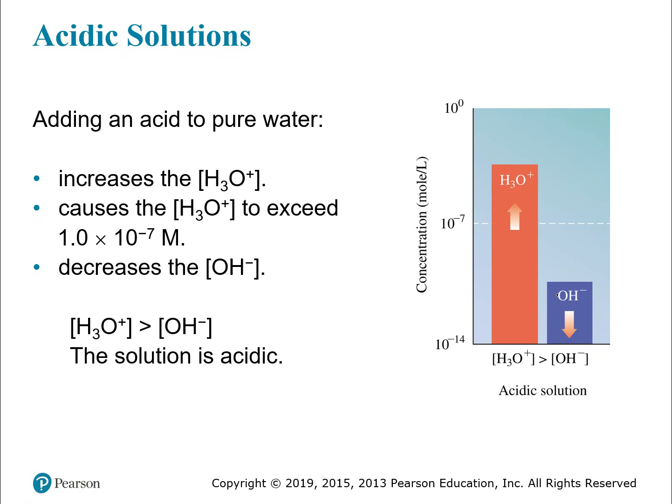That's what these bars are showing. You can see the up arrow here. We've increased the hydronium concentration above 1 times 10 to the minus 7. So now our solution is acidic. When you increase the hydronium concentration, you also decrease the hydroxide.